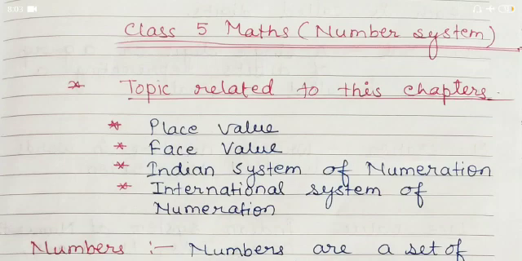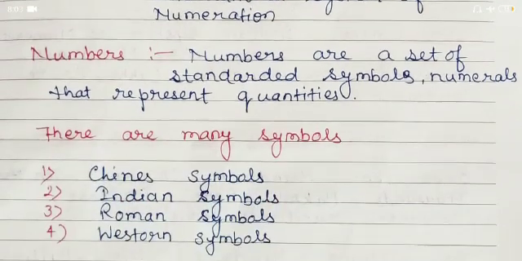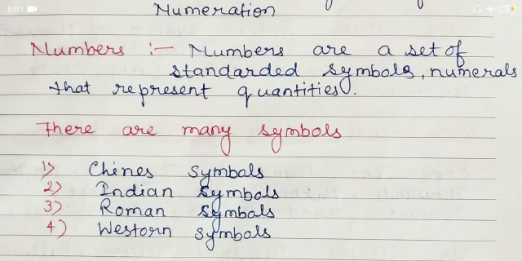First I am going to tell you what a number is. Numbers are a set of standard symbols, numerals, that represent quantities. There were many symbols for these numbers in the ancient period.